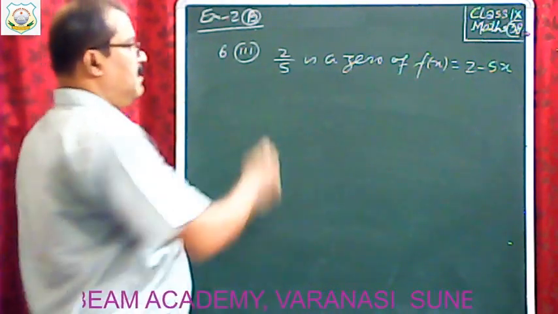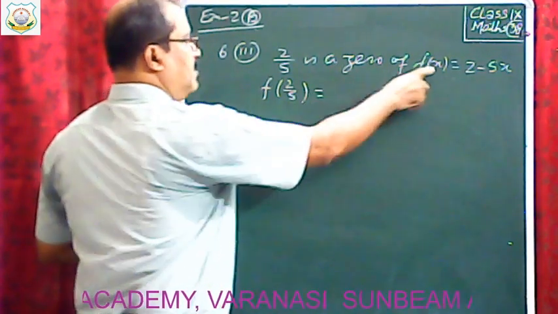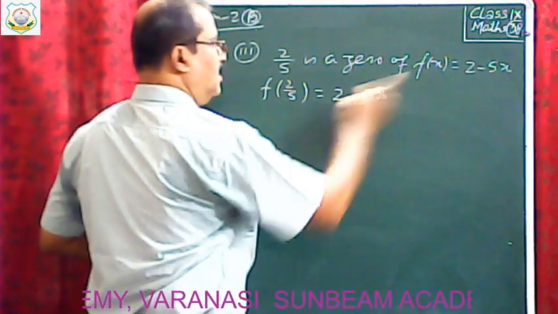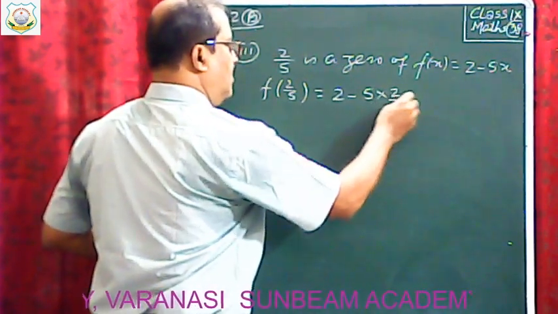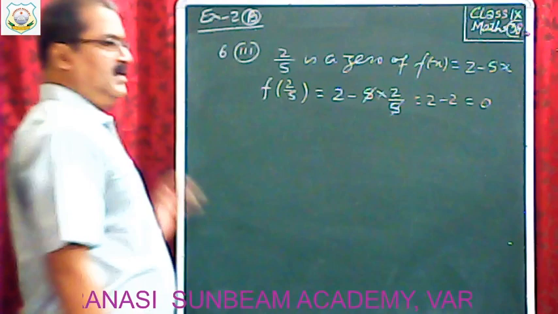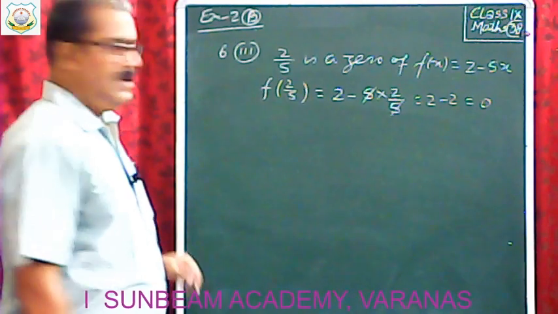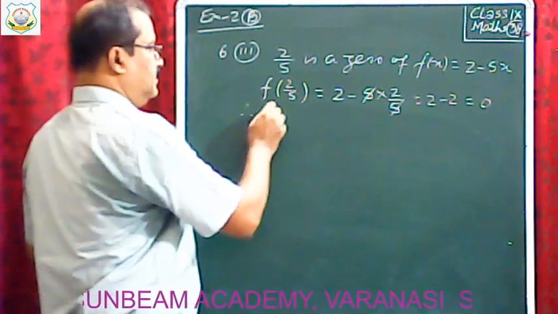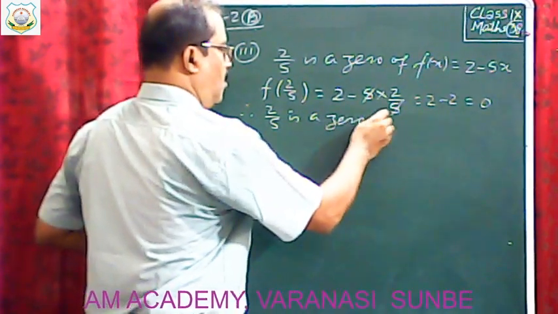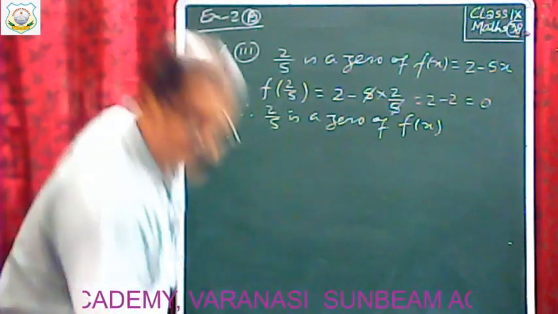Clear? So f(2 upon 5) equal to 2 minus 5 into 2 upon 5. The 5 cancels, so finally 2 minus 2, that is equal to 0. You get the value of the polynomial as 0 after putting x equal to 2 upon 5. Therefore we can say that 2 upon 5 is a 0 of the given polynomial f(x).